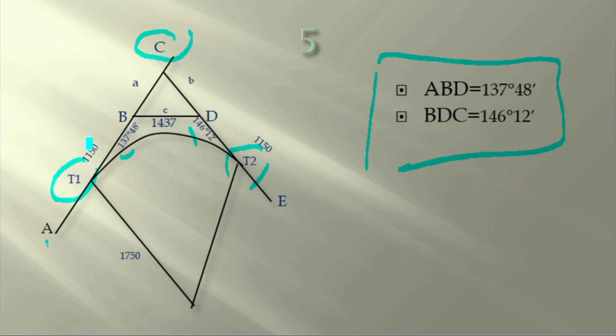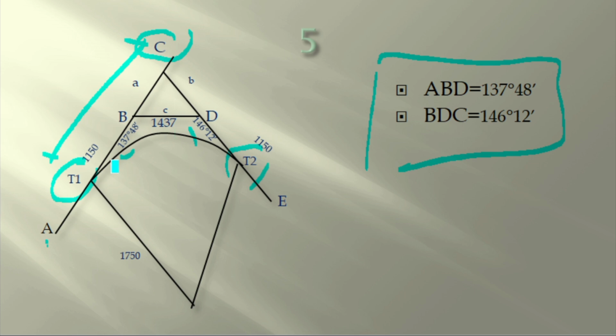First of all, we need to calculate the tangent length. The tangent is from where the point of tangency begins to where our intersection point is, and the same is done from C to T2.